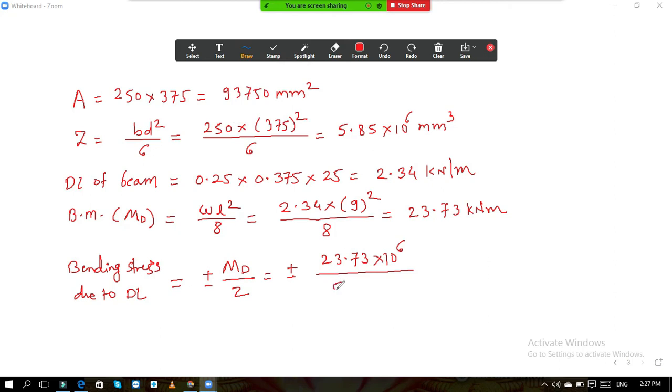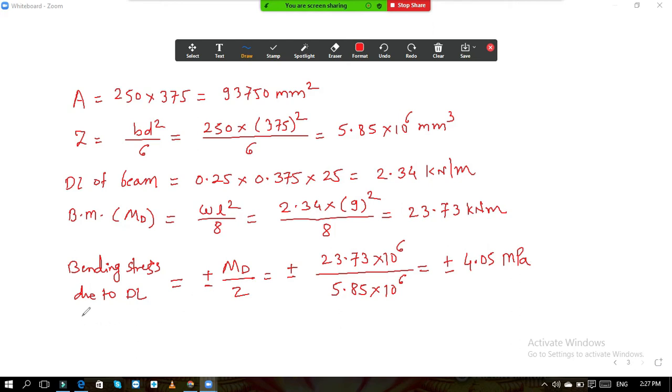It is 5.85 into 10 raised to 6. So the answer is plus minus 4.05 Newton per mm square. This is the bending stress due to dead load.